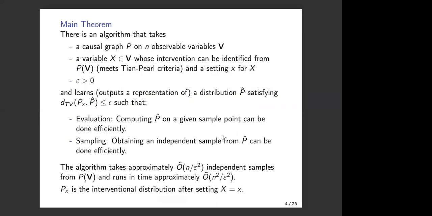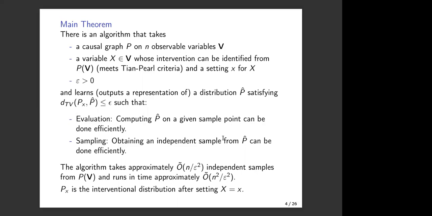Now here is the theorem, which as you can see, has a lot of details to be filled in. So my main purpose will be to explain this theorem, making clear all these notations and notions. So the theorem is essentially an algorithm.